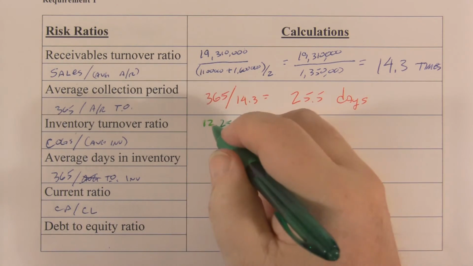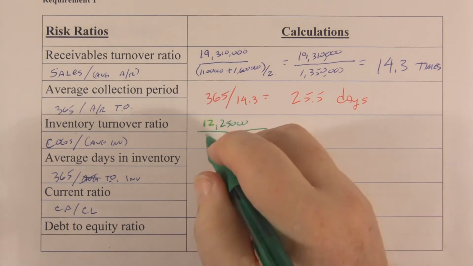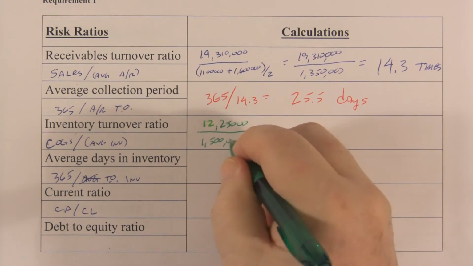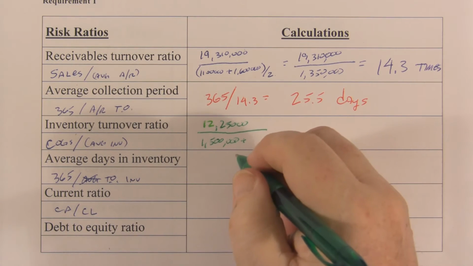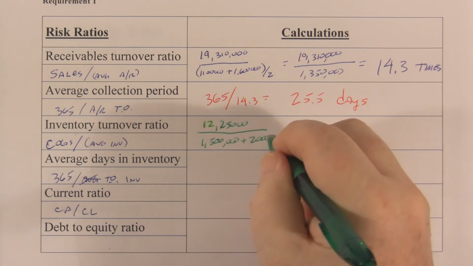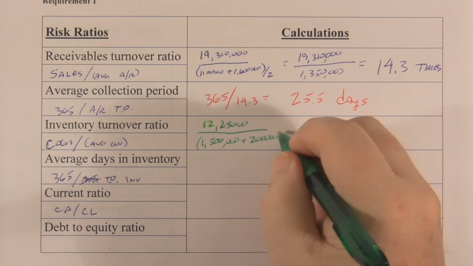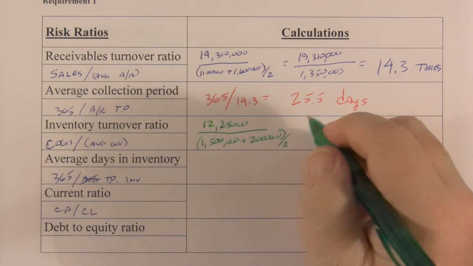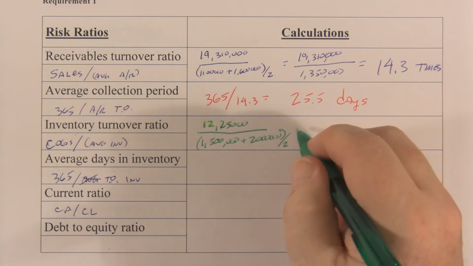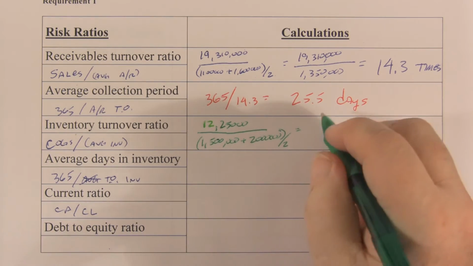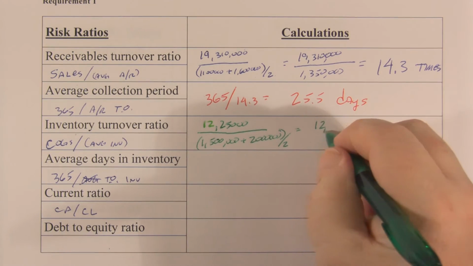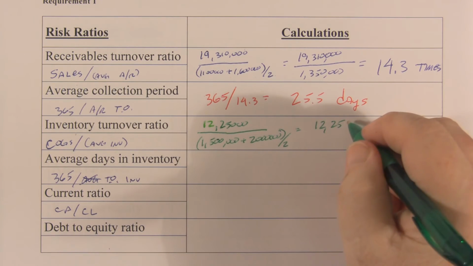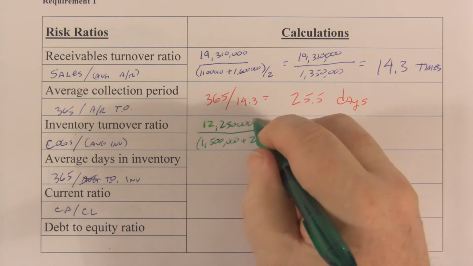And our beginning inventory is 1,500,000. Our ending inventory is 2 million. We add those together, divide by 2, and get our average inventory. So we take our 12,250,000. I cheated us out of a zero there.